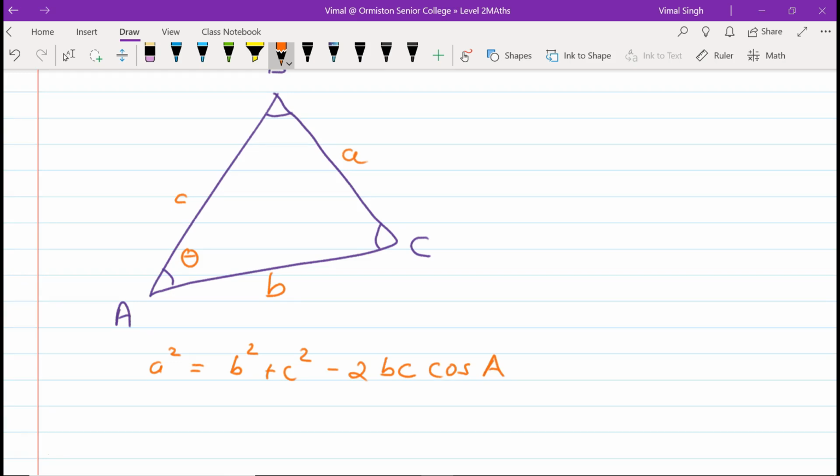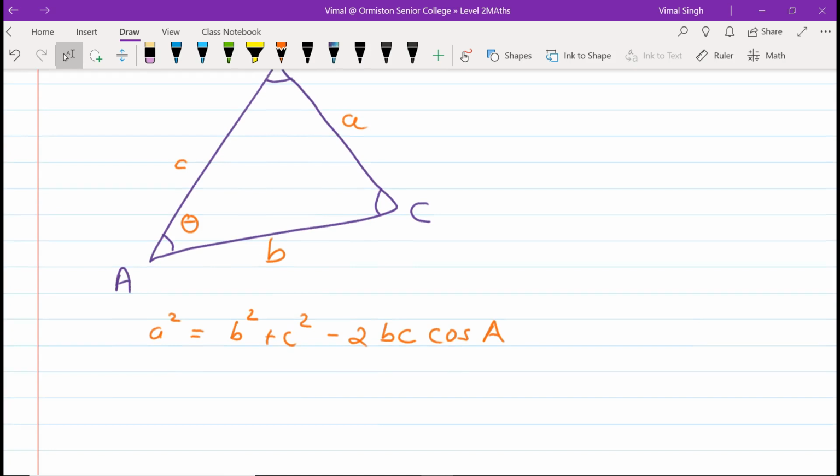And in the same manner, I can write b squared if I have angle C, let's say this is alpha and this is beta.